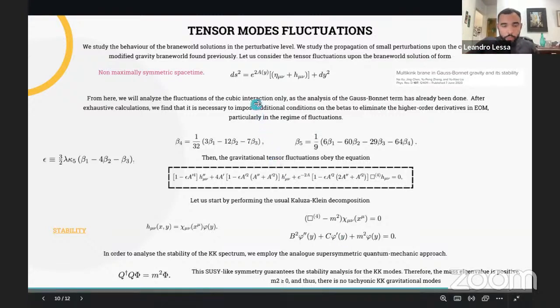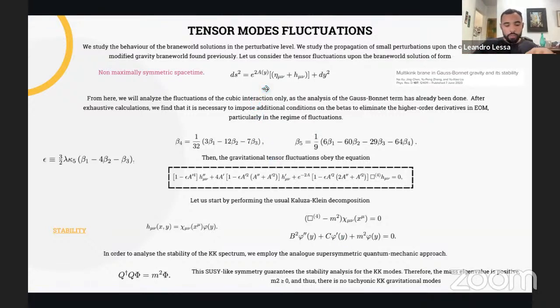Here is an important point, because in the paper on Einstein cubic gravity, the authors assumed that the gravitational perturbation lives in a maximally symmetric background. Here we generalize this idea because we now consider a non-maximally symmetric background given by this expression.